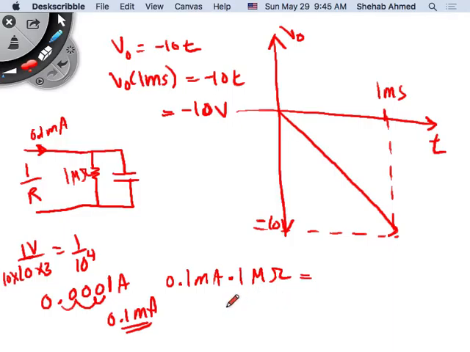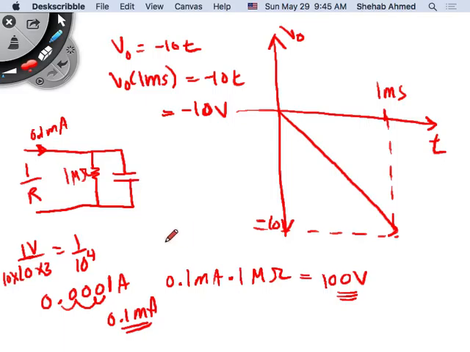I times R is equal to what? 100 volts. So the final voltage for this combination is 100 volts.